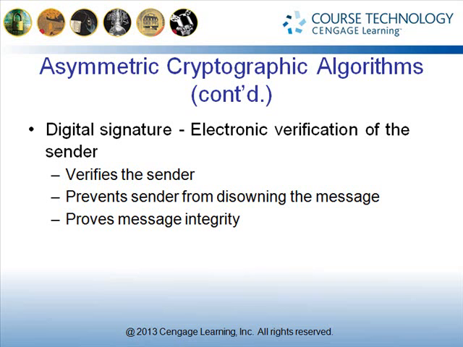A digital signature confirms the identity of the person from whom the document originated. It also prevents the sender from disowning the message. The person who signed it can't later say, I disown it because the signature was forged. Also, it can prove the integrity of the message. A digital signature can prove that the message hasn't been altered since it was signed.